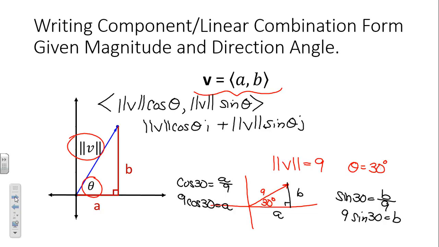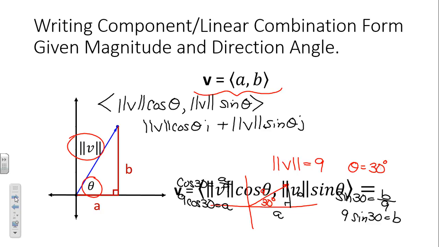So if we want the top one to be in component form, then we use our pointed brackets, and we list the horizontal movement, and then the vertical movement. We found that by taking the magnitude times the cosine of the direction angle, or the magnitude times the sine of the direction angle. Make sense? Yeah, the bottom one's the linear combination. So we have like square root of 3 i plus 2 square root of something j, or whatever. Okay? So far so good?